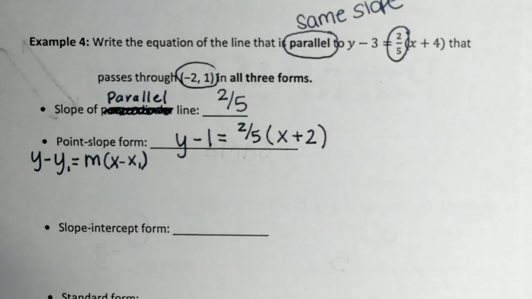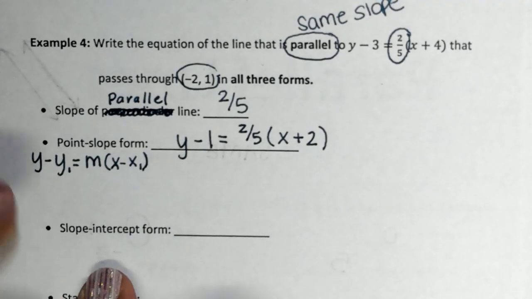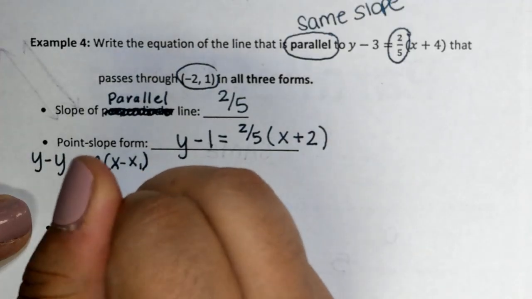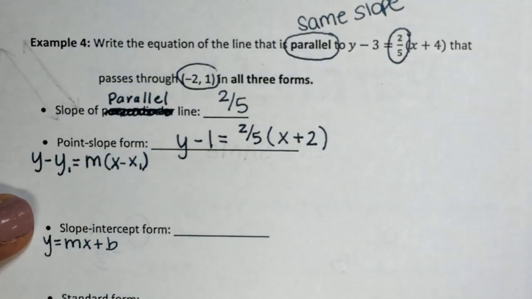Cool. I feel like, this is me personally, point slope is going to be the easiest for y'all. Because now we got to solve. What's slope-intercept form? So how am I going to get this point slope form into y equals form?